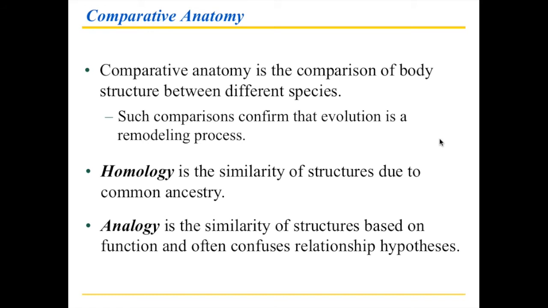But those are very different kinds of flippers than what a dolphin has, even though they look the same. And the reason why is because the dolphins are mammals, and the penguins are birds. And so even though the flippers look very similar, they are analogous to each other. They're not homologous because they're very different types of organisms, even though the structure looks very similar.